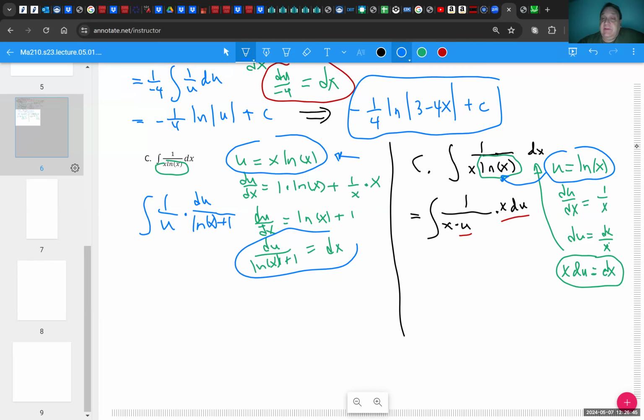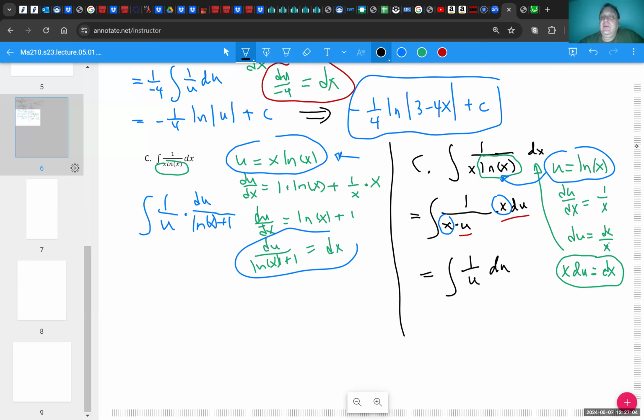You have an x on the top divided by an x on the bottom, and x divided by x is 1. And voila, this substitution did end up simplifying the integral into 1 over u du. And that is one of our known formulas.